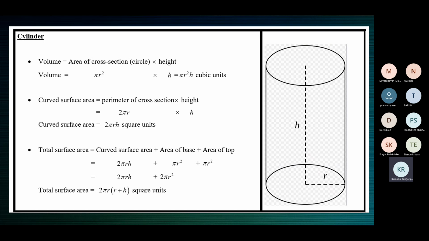A cylinder. Did we finish this in the last class? No, right? Have we completed, children, cylinder, or do we still have to do it? Not sure.